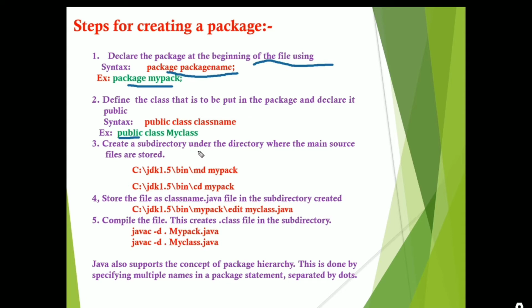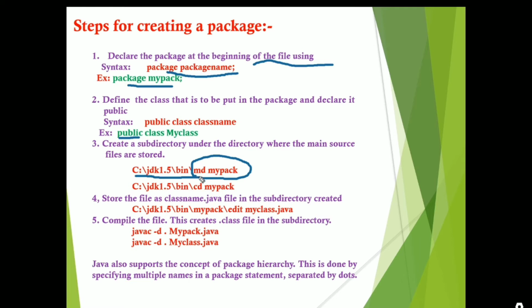And create the subdirectory under the directory where the main file is stored. Generally, C:\JDK 1.5\bin is the main source directory where we can execute the Java files. In that, we can create the directory. Here I am using mypack as the package name, so I have to create mypack as the directory name.